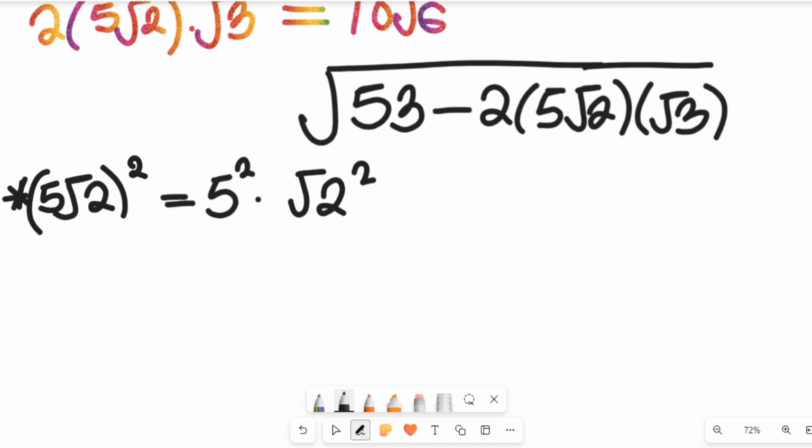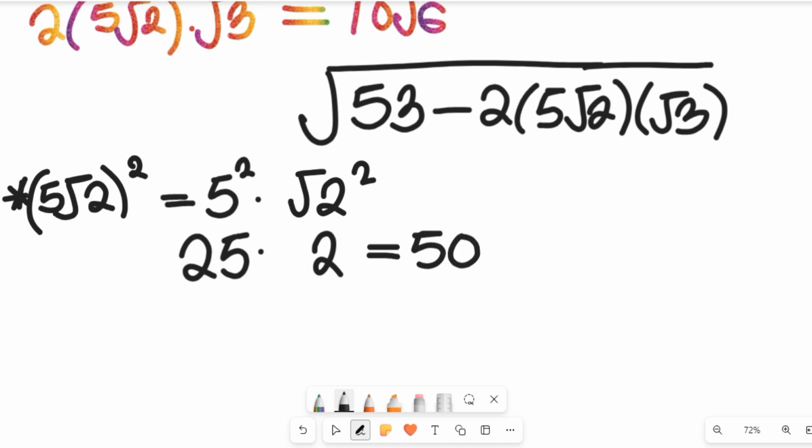If you check the laws of square roots, root 2 multiplied by root 2 gives us 2. So we have 2 multiplied by 25, and if you multiply these, we get 50. So that simply tells us that 5 root 2 squared is equal to 50.